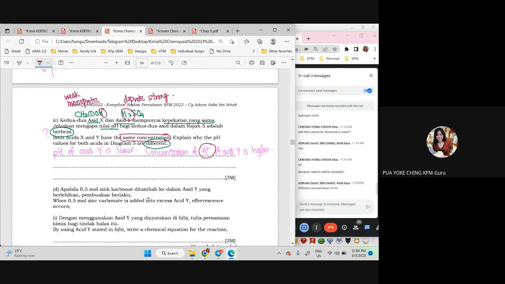Means I say acid Y is a strong diprotic acid. Acid X is weak monoprotic acid.